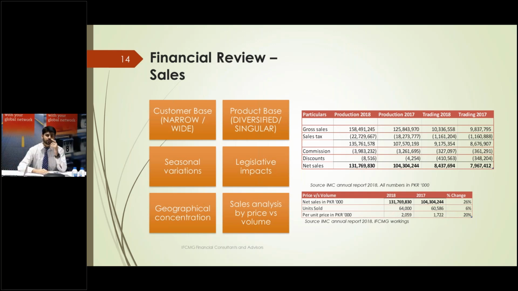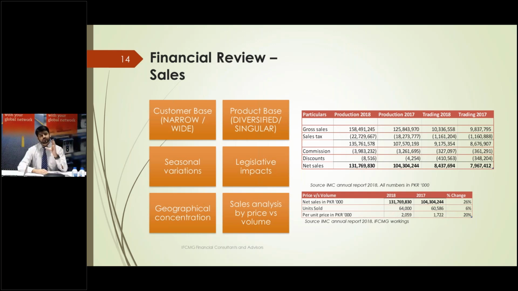We've taken an extract of the sales, and we have here gross sales, which is net of sales tax and commission and discount. So we have two sources of revenue. One is from production and the other is from trading. The production revenue is from the manufacturing of vehicles, and the trading part is from the selling of spare parts and lubes and oils and other stuff.